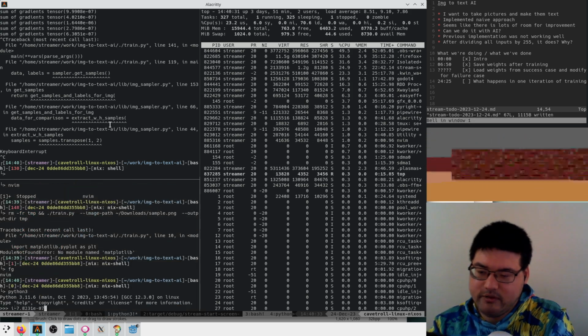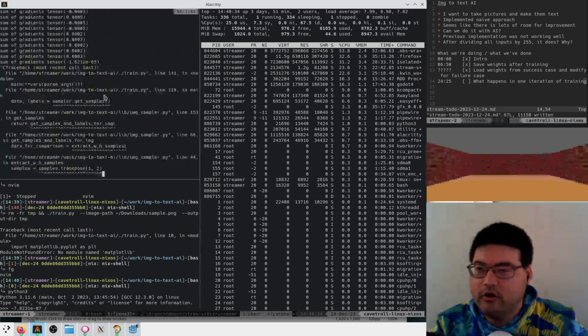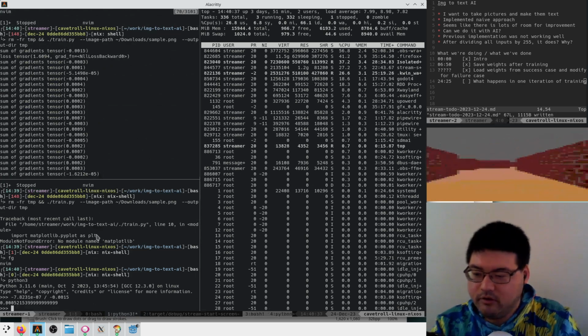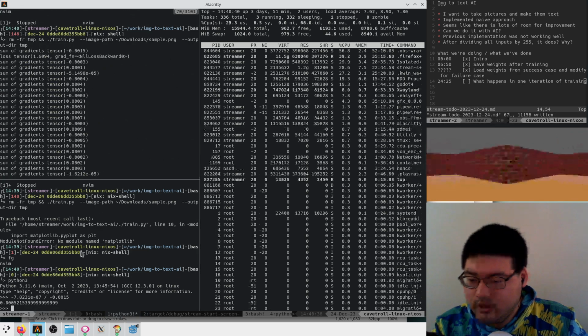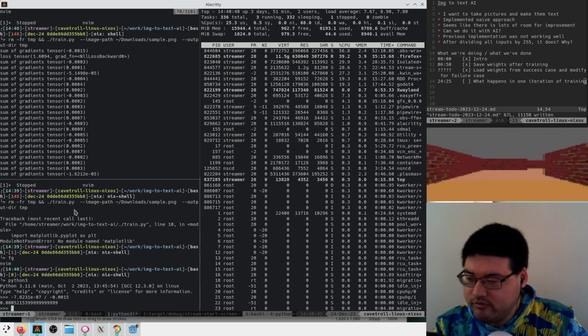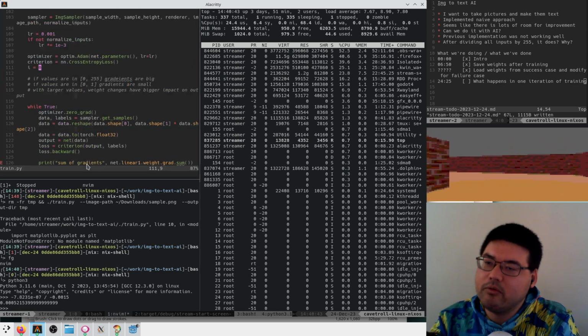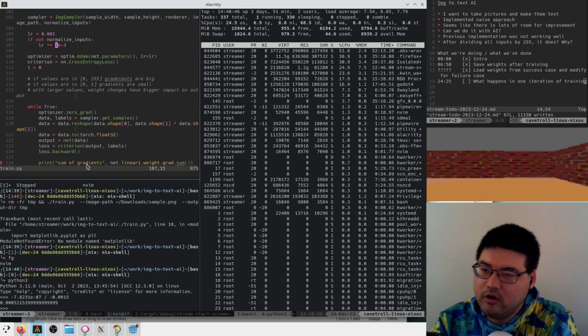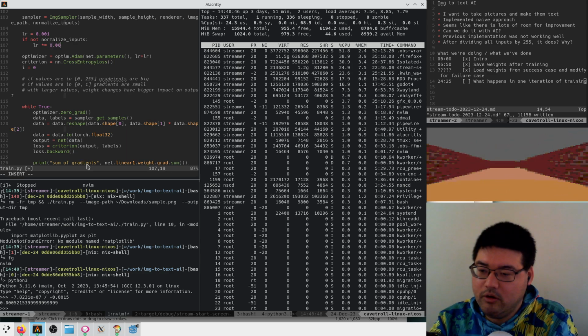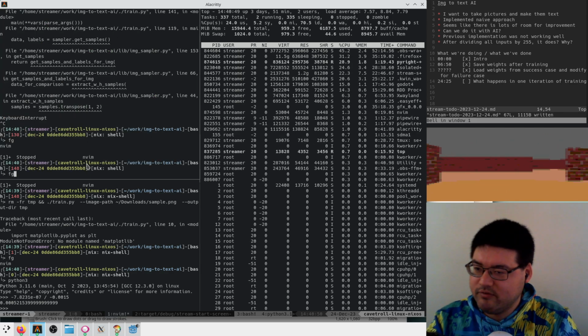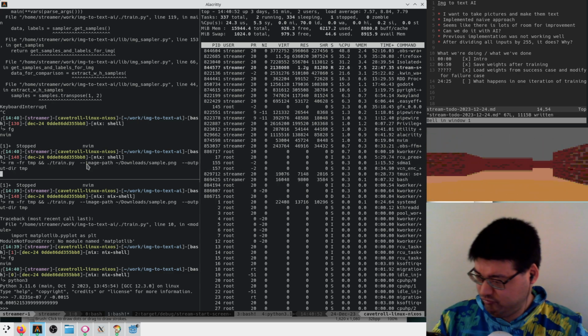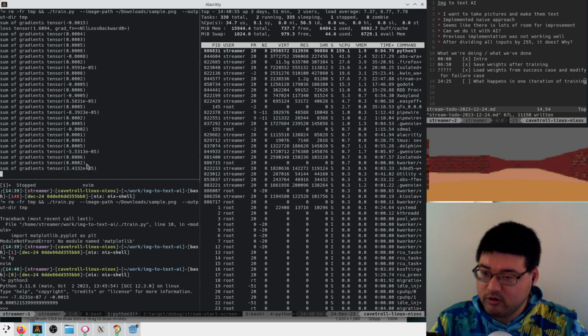In Python 3, we say this number over this number. So 0.0005. So it does seem like if learning rate is linear, multiplying by 0.0005 would give us something somewhat related.